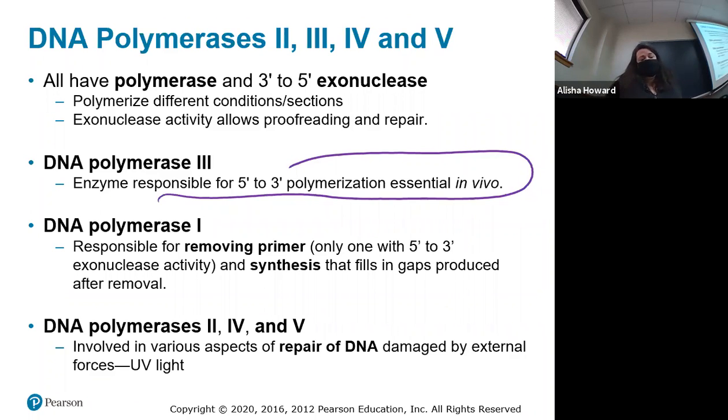And then pol 2, 4, and 5 in order of discovery, they participate in various aspects of repair of the DNA. And so they're sensing mismatches between the strands, because when you have a damage, UV light damage, you have a transition or a transversion. You probably, do y'all talk about transitions, transversions?